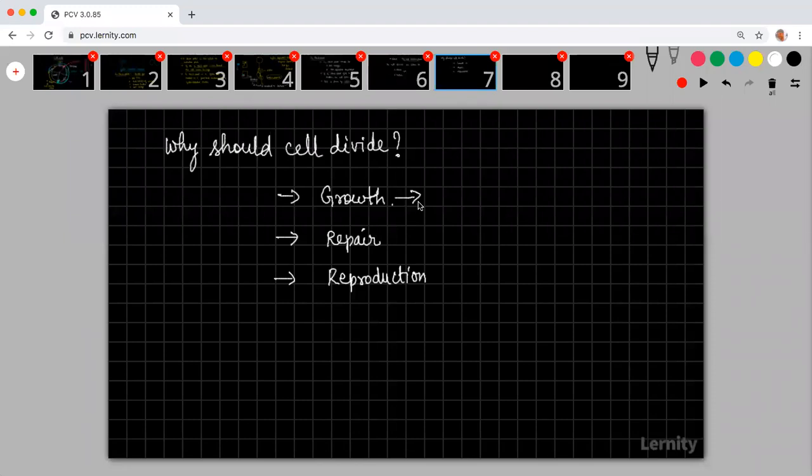New cells have come into that place. That is because of the repair mechanism of the body. Whenever organisms have to replace old cells or damaged cells, repair mechanisms will occur. Repair mechanism will require cell division.